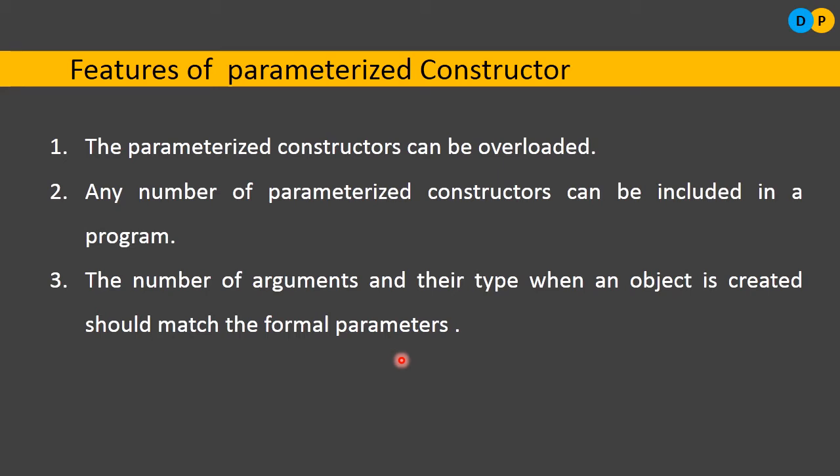So even if there is only one parameterized constructor in our program, at the time of declaring it and at the time of invoking it, if there is a mismatch with respect to either the number of arguments or their type, then it won't work. There will be an error. So these are the features of parameterized constructor.